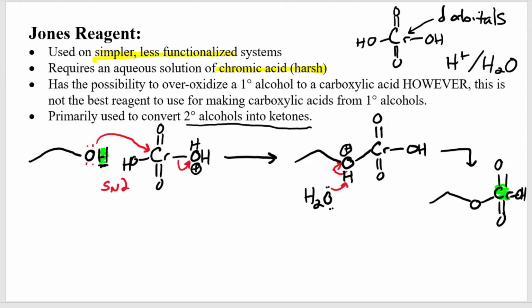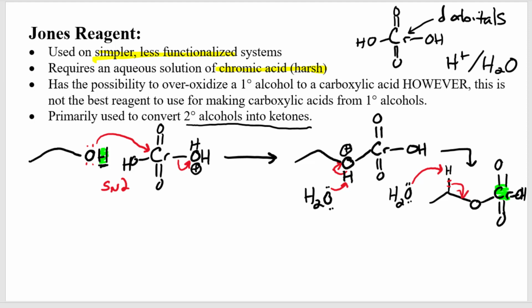Okay? Now what happens? Well, now we're going to do an E2 process, and you can think about it very similar to a regular E2, because what happens as a result of an elimination? You get a new pi bond, right? So what's going to happen is the water is going to act as our base, and it's going to grab the hydrogen on the carbon next door.